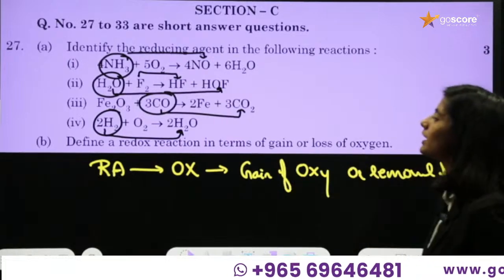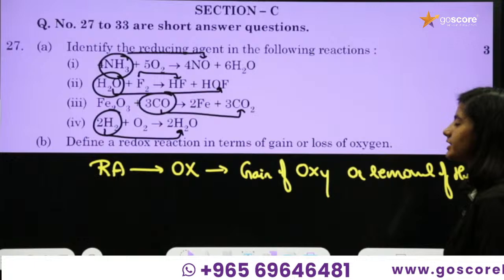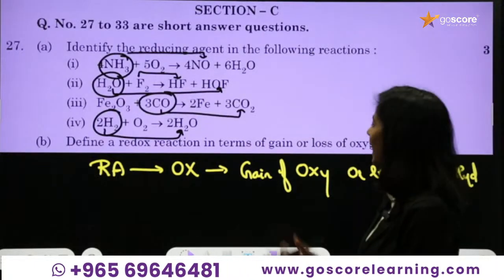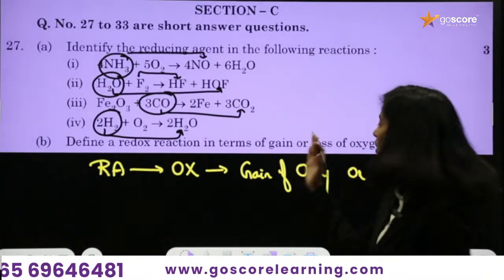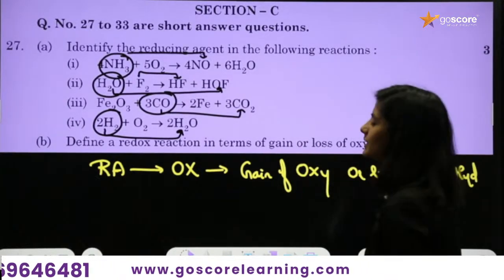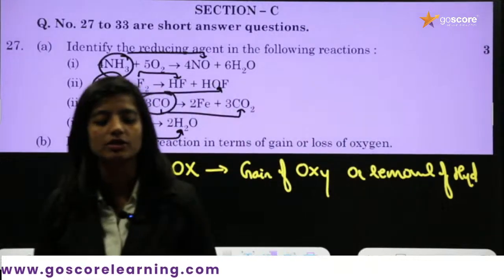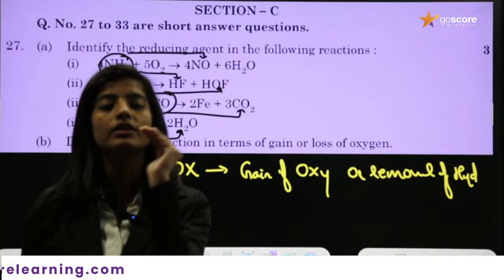Now define the redox reaction in terms of the gain and the loss of oxygen. We know that gain of oxygen is oxidation, loss of oxygen is reduction. If both oxidation and reduction take place simultaneously, we call them the redox reaction.